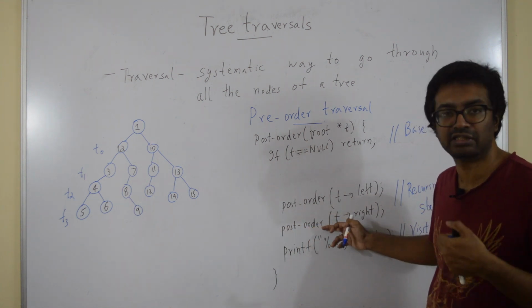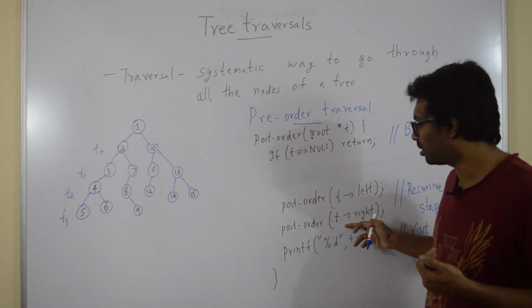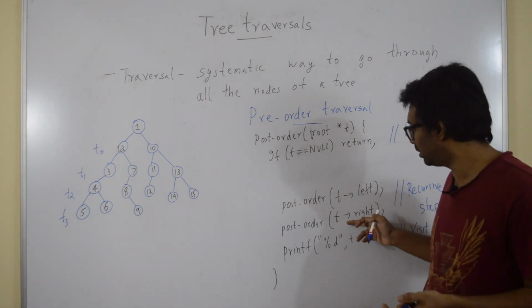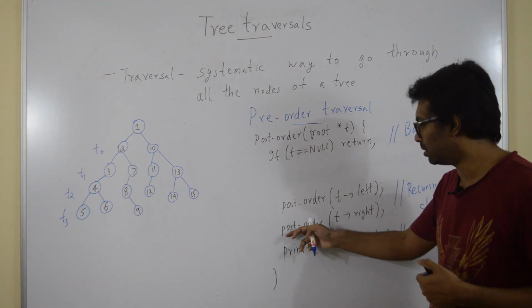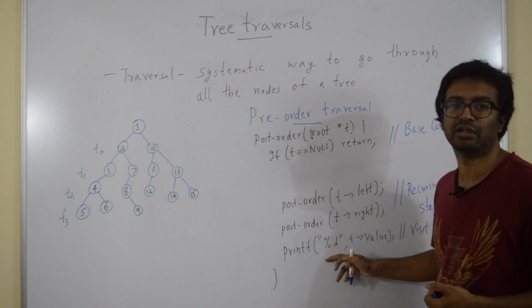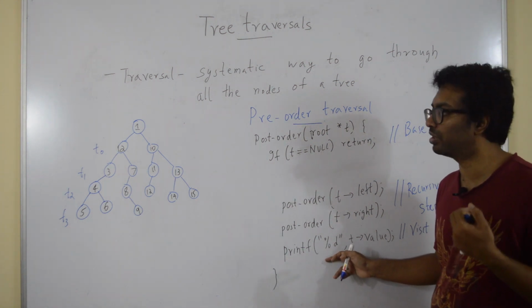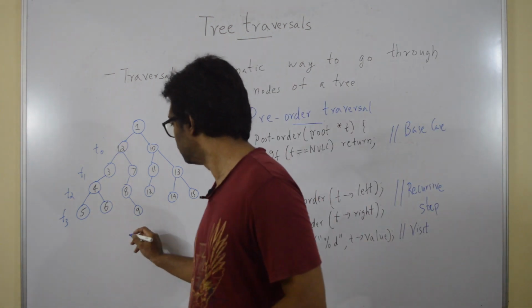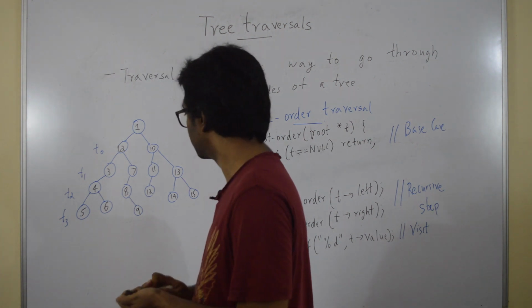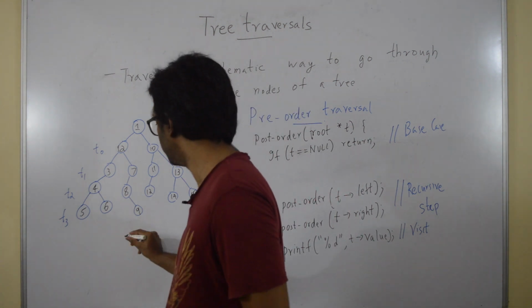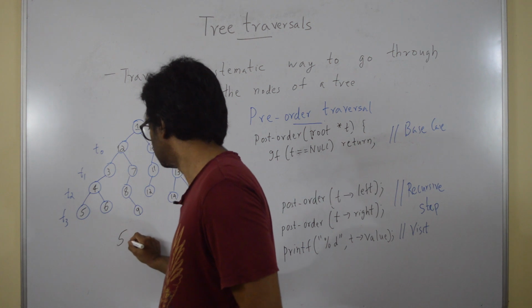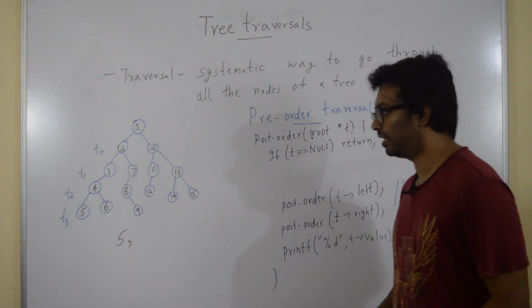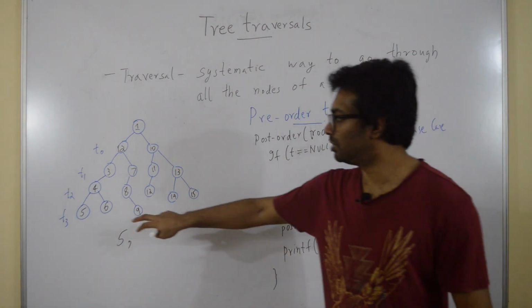Now I call post-order on T3's right, and that's also null. So I'm done here, and now I have reached the printf. I'm going to print 5.